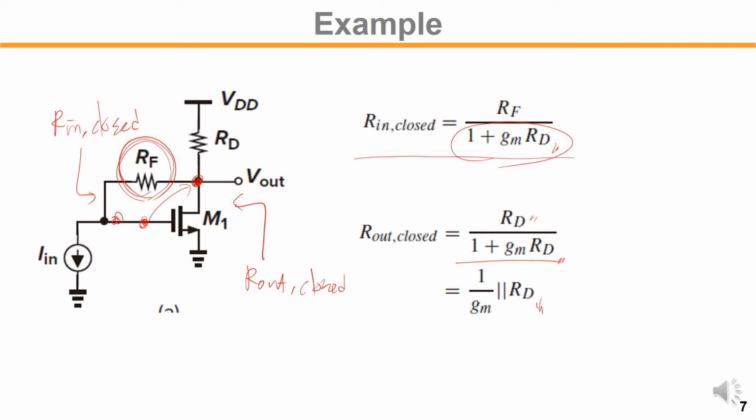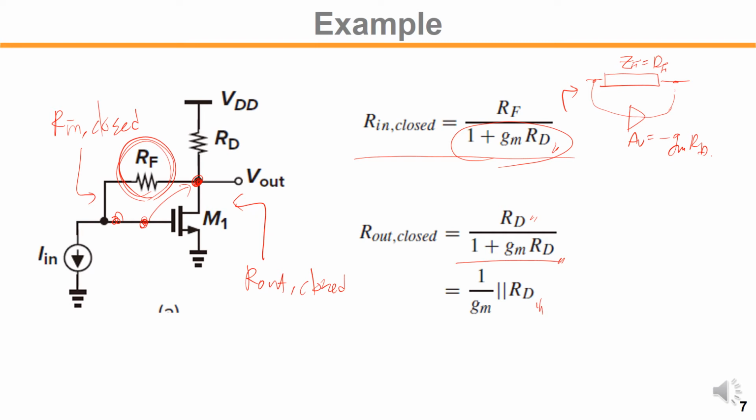You know that by the Miller effect, if the gain from here to there is AV, in this case minus GM RD, the feedback RF impedance looking in would be like this, right?